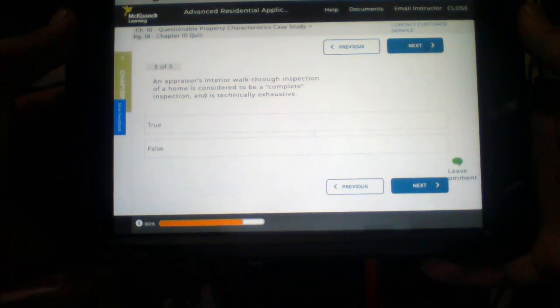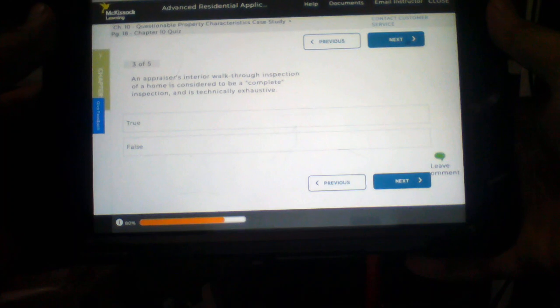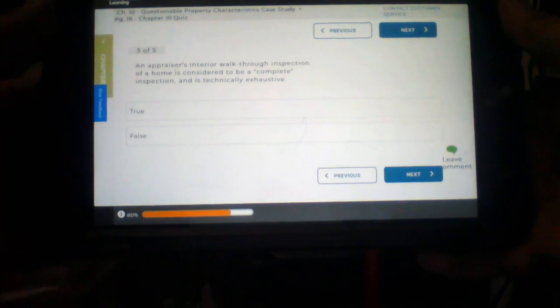Number 3. An appraiser's interior walkthrough inspection of a home is considered to be a complete inspection and is technically exhaustive. True or false? This one's a little tricky.